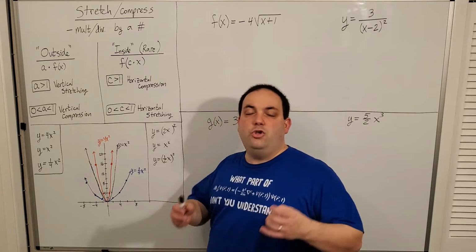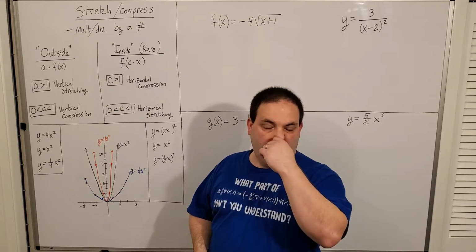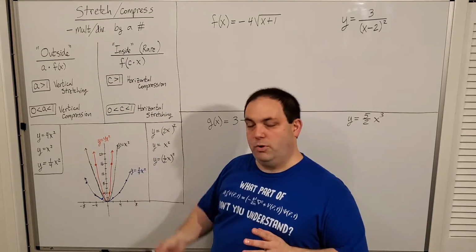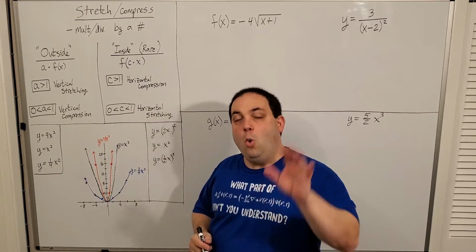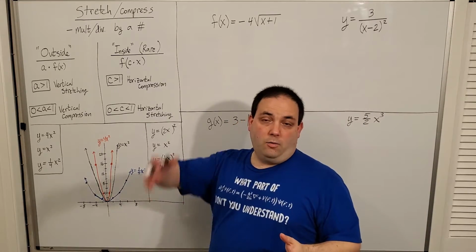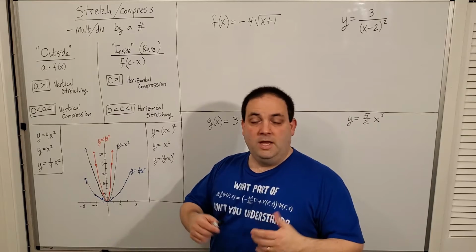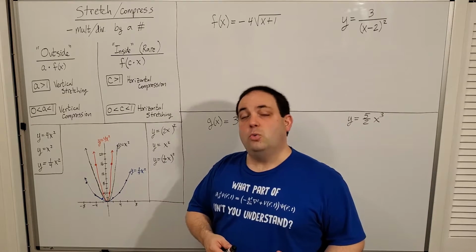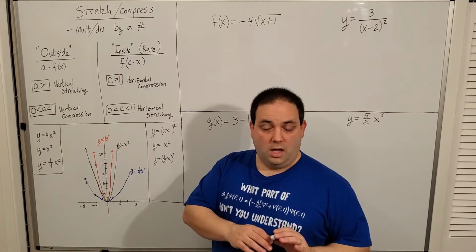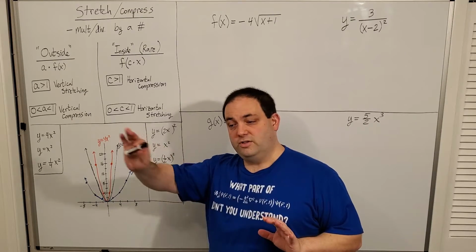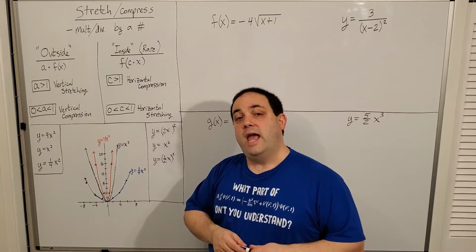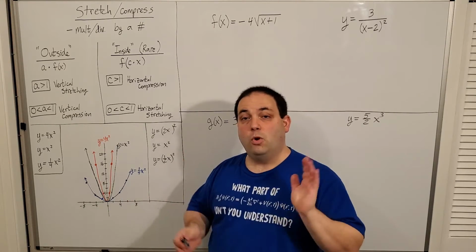One way or another, you can find a way to convert a horizontal interaction of stretching and compressing into a vertical one with the shapes that we have here. Okay? But for example, later on, if you take trigonometry, things with sine and cosine don't have that luxury. We don't have a way of converting horizontal stretching and compressing to vertical. And when you're doing those trigonometric graphs, those actually have to be done independently, and you have to worry about both.